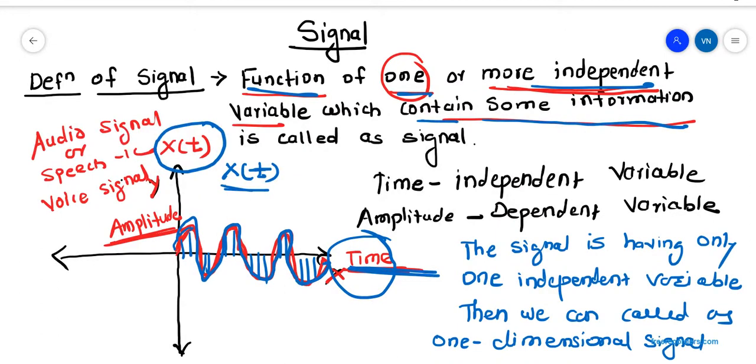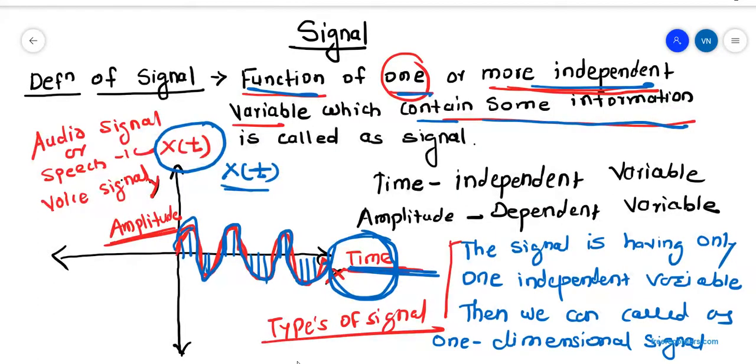Whenever a signal has only one independent variable, that is one type of signal. There are different types of signal, and out of those, this is the first one, which has one independent variable. So it is also called a one dimensional signal.